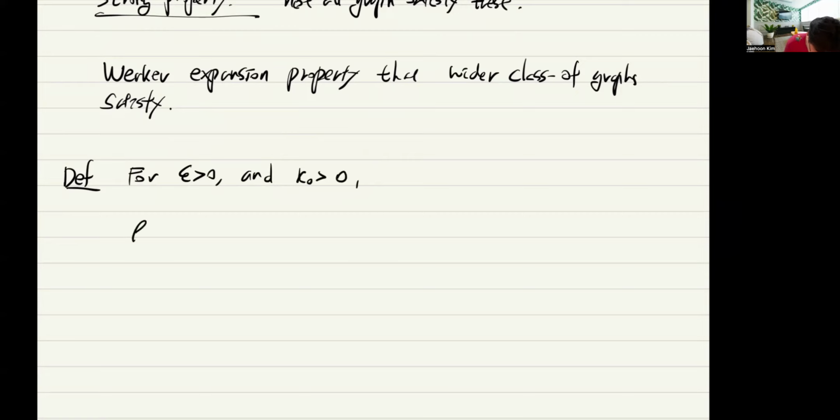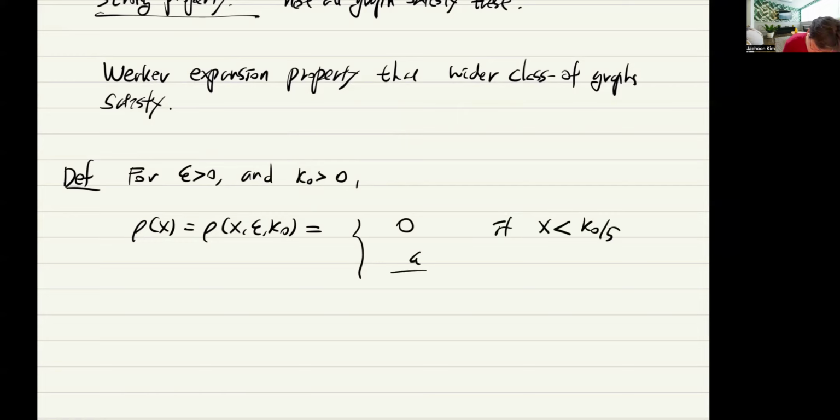Then let's say rho of x, which actually depends on this parameter epsilon K0 as well. Let's say this is 0 if x is too small, and it's at least epsilon over log square 15x over K0 if x is bigger than K0 over 5.